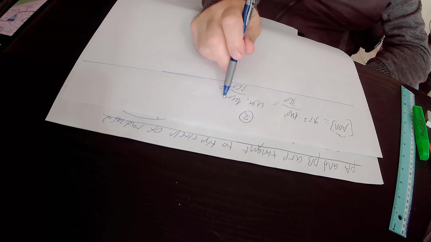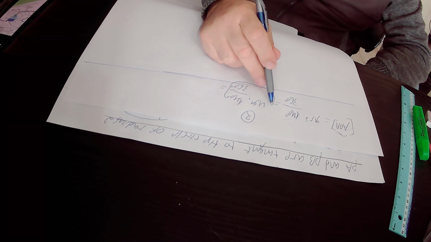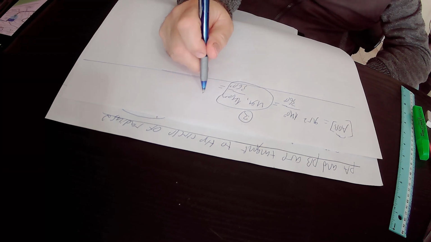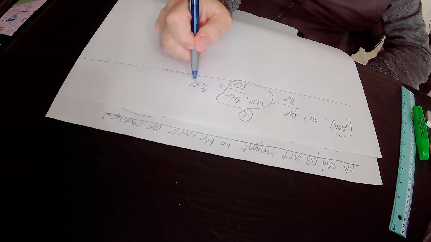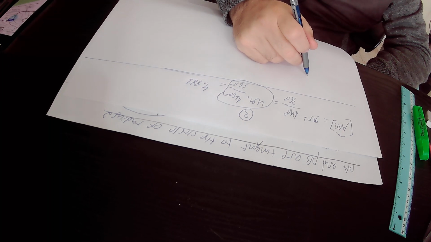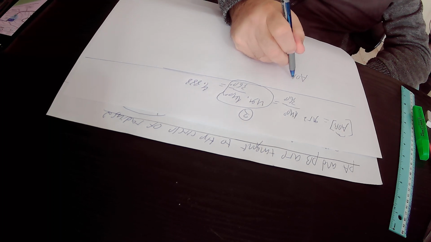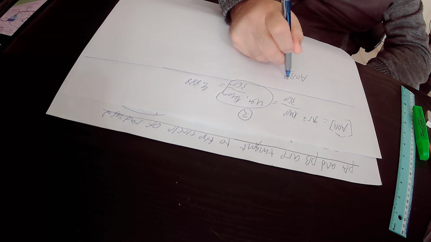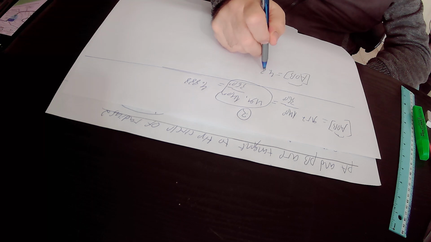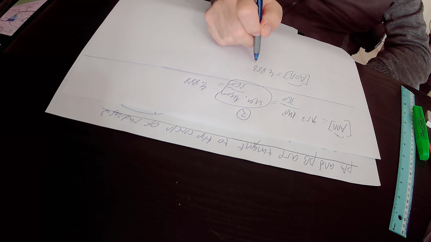So this expression in total, 4 pi times 140 degrees over 360 degrees, is equal to 4.888 square units. In conclusion, we found out that the area of sector AOB is 4.888 square units.